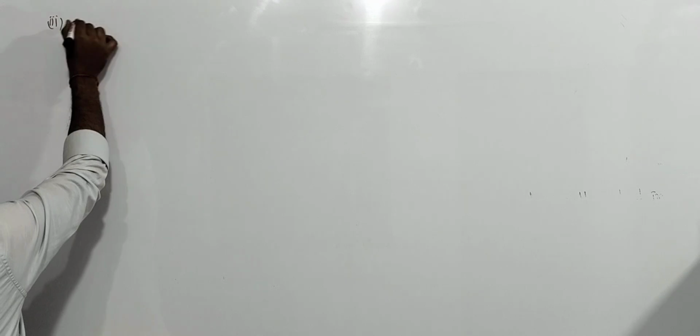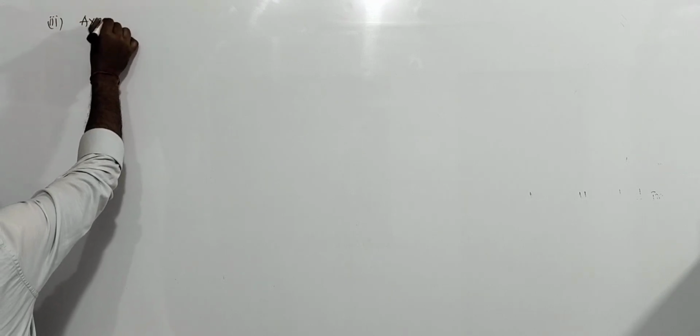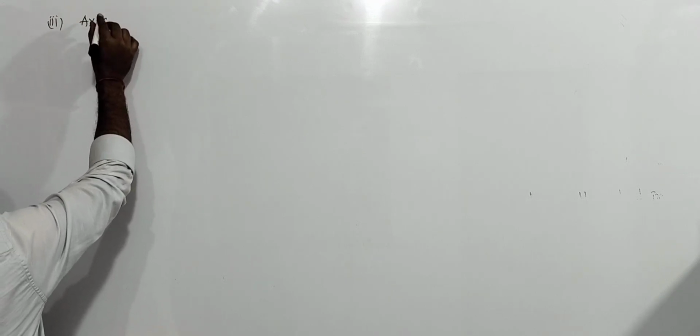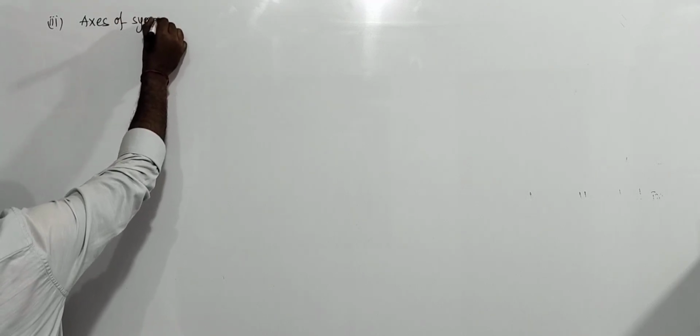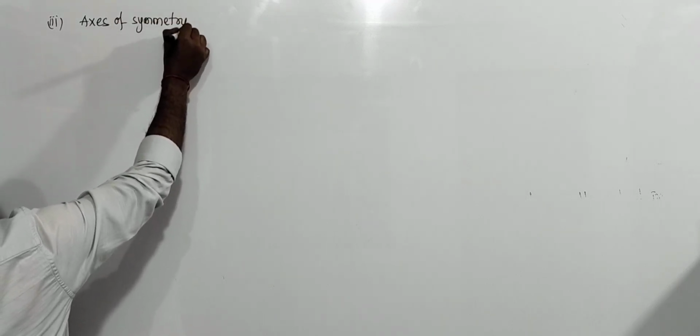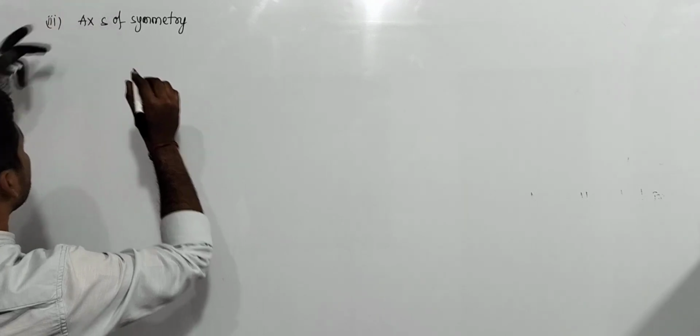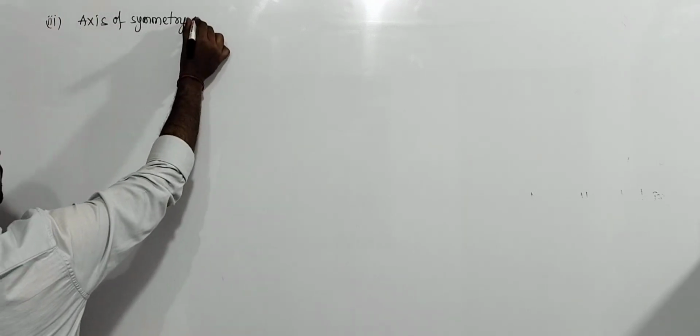Third one is the axis of symmetry. For axes, plural form, axis of symmetry, or in singular form, axis of symmetry.